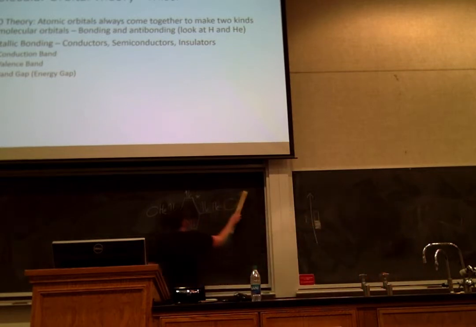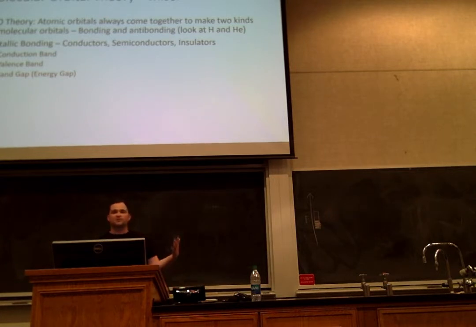So with metallic bonding, we have a few different kinds of materials: conductors, semiconductors, and insulators. Insulators will look something like this. These bands are just a lot of molecular orbitals coming together to essentially make one molecular orbital.